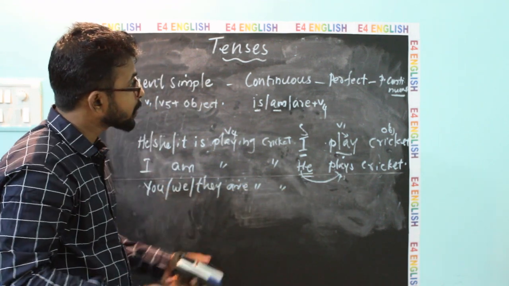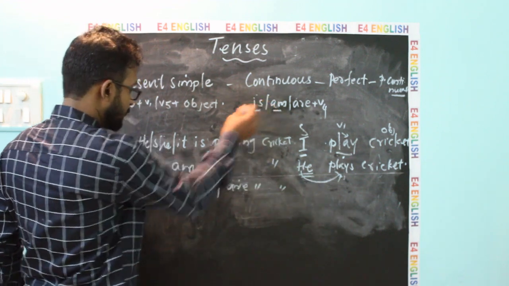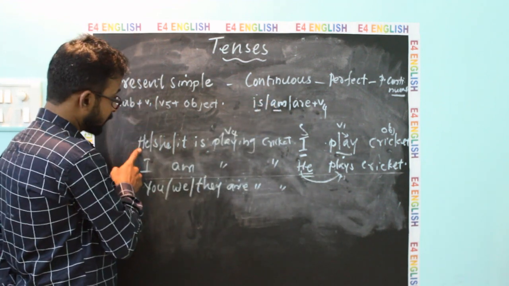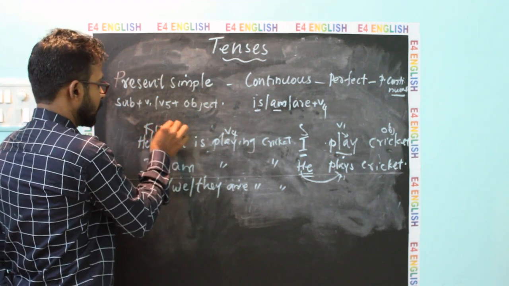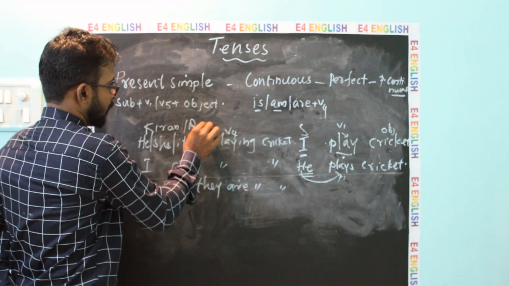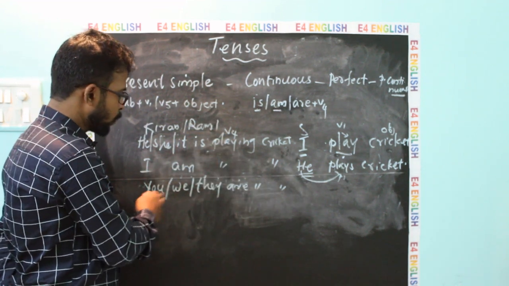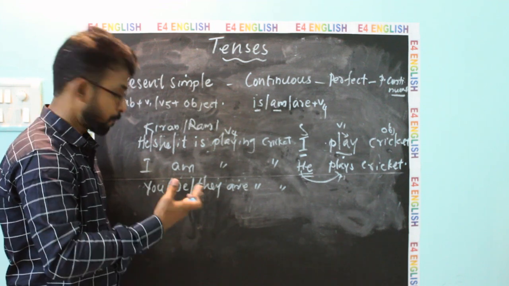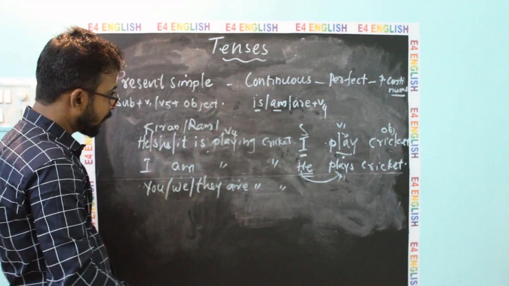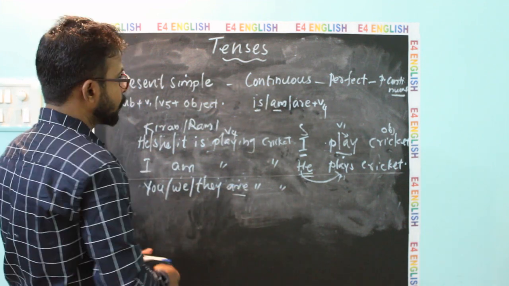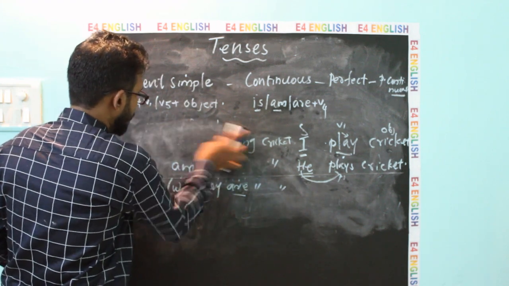So now you might have understood where we are supposed to use is: when the subject is third person singular like he, she or it, or any name also, like Kiran, Ram is playing. With I, am. Then you, we, they, students, people, police: with a plural subject we use are. Got it? So let's go with the next thing in the tense category.